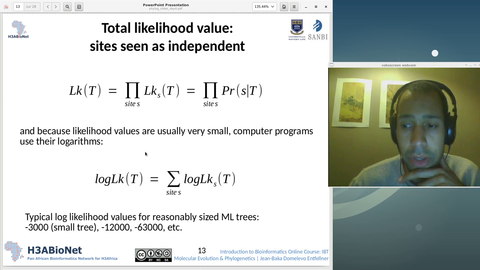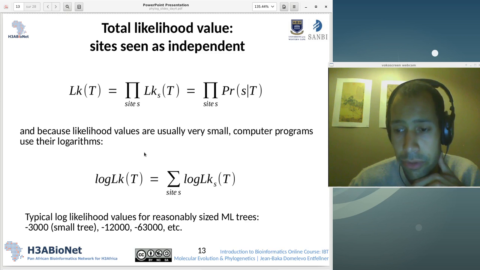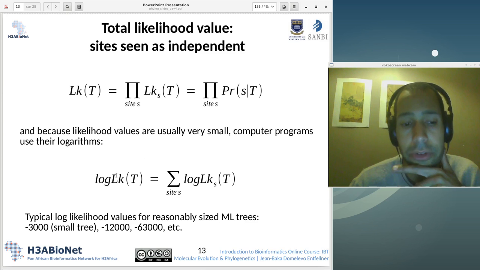So that's why in the results of PhyML, for instance, or RAxML, you would very often see results expressed in terms of the log likelihood of a tree and not the likelihood directly.